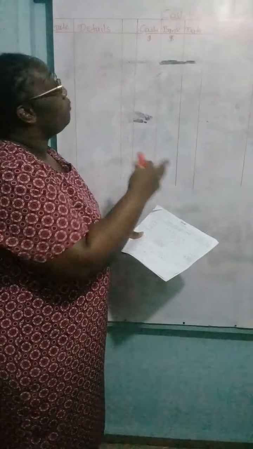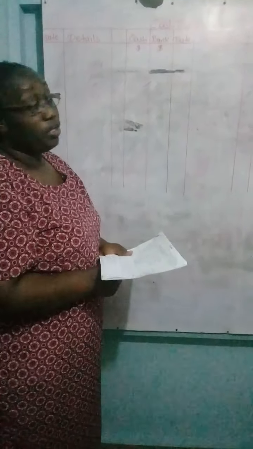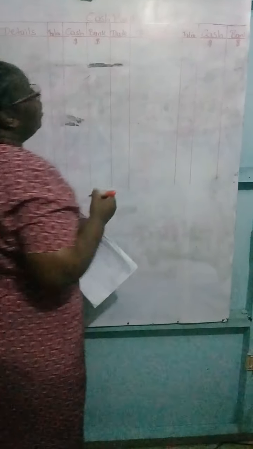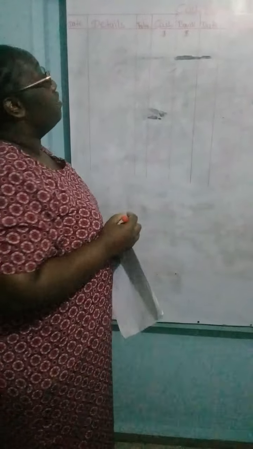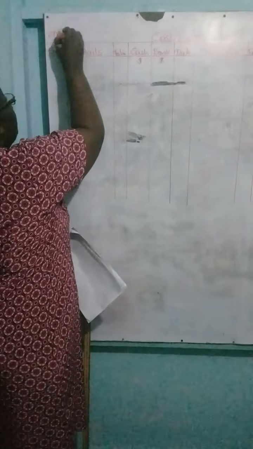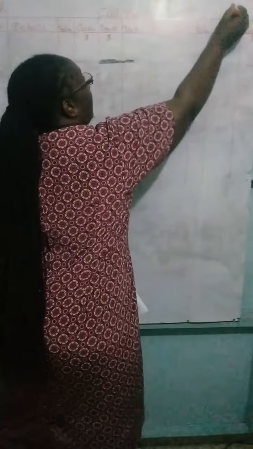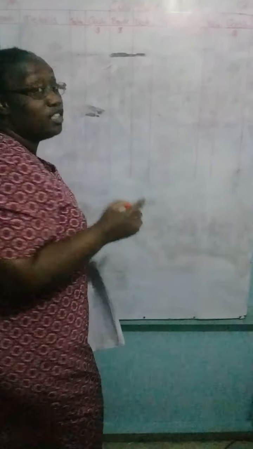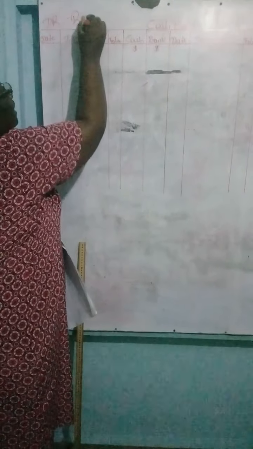Now, I have pre-prepared the cash book here. Just let me write in the folio column. Now, please be reminded that the cash book has two sides. It has a debit side and it has a credit side. Please also remember that the debit side is our receipt side.